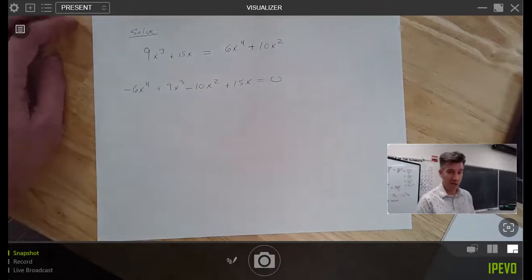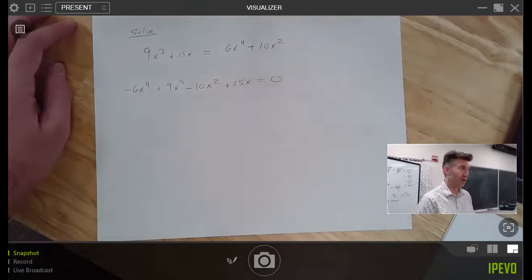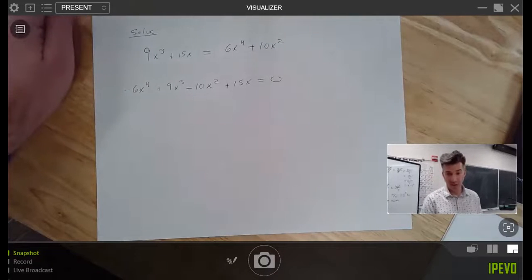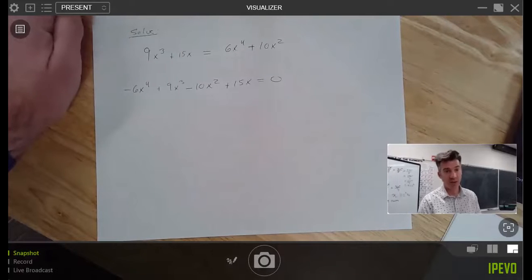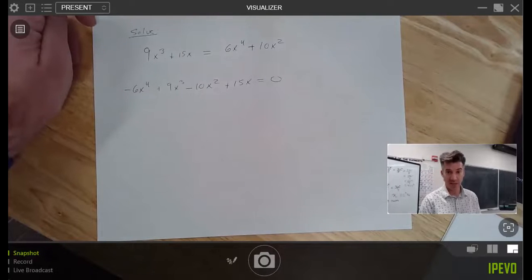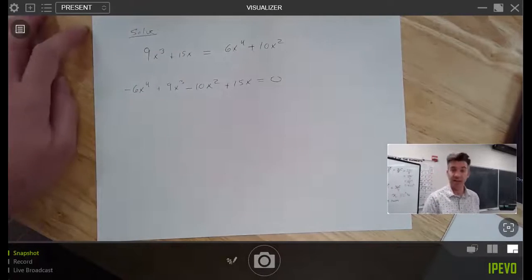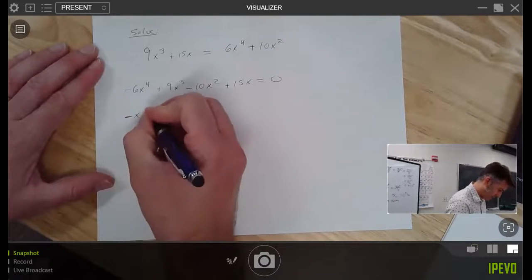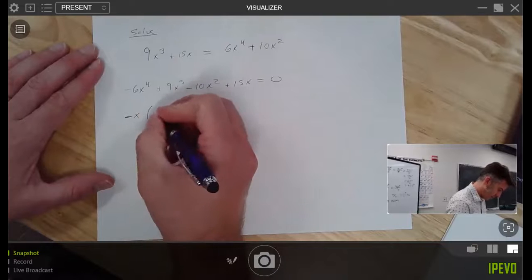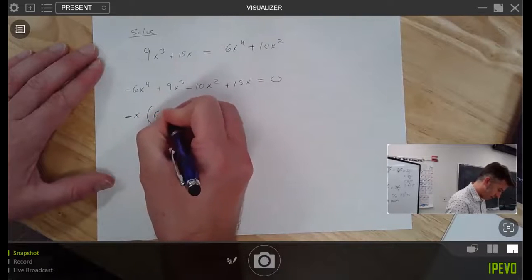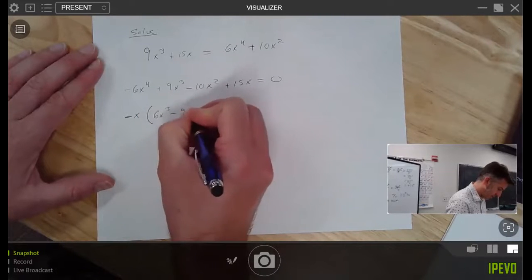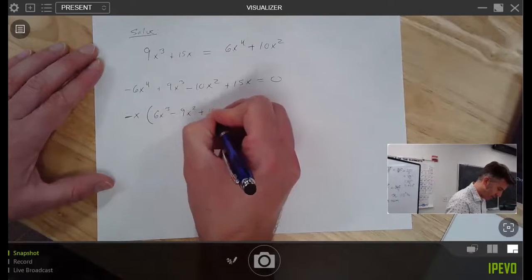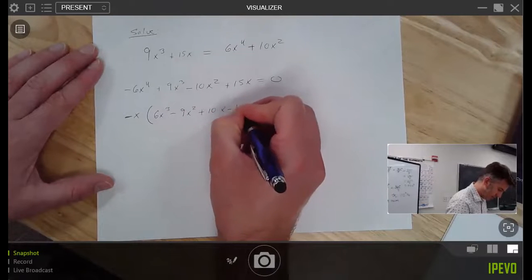Now, I really don't like having a leading coefficient as a negative, so I would probably factor out a negative x. You get negative x times 6x to the third minus 9x squared plus 10x minus 15.